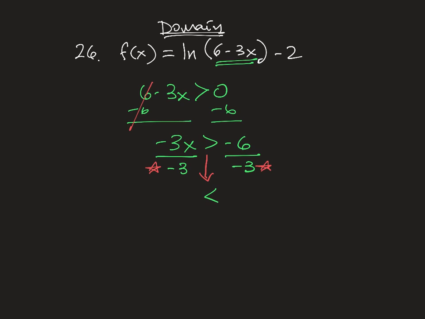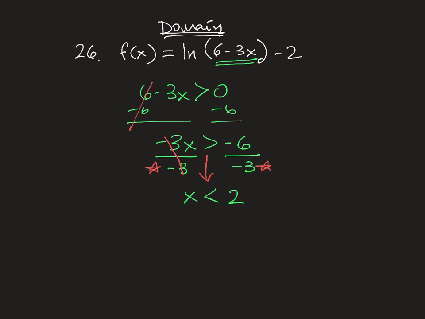Greater than becomes less than, regardless of the or equal to's. But that's only when I multiply or divide by a negative number. All right, so the negative 3's cancel, and I get x on the left, and then negative 6 divided by negative 3 on the right is positive 2.